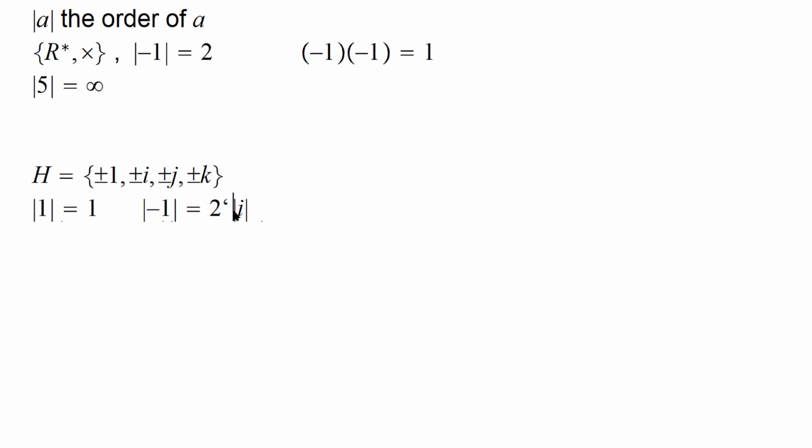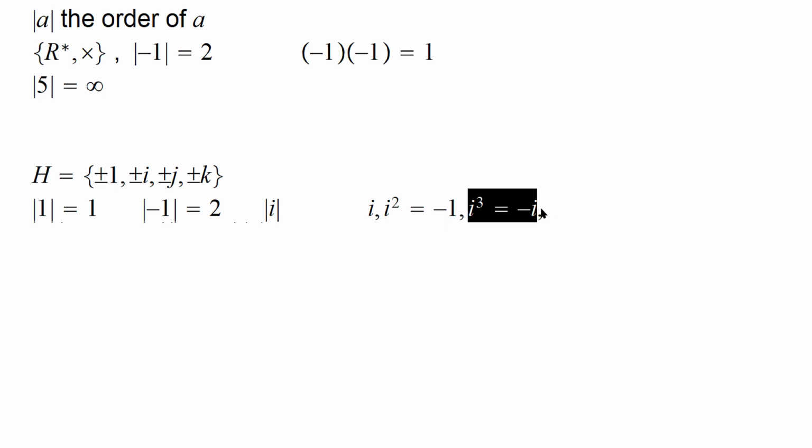But the order of I? I squared is -1, I cubed is -I, and I to the 4 equals 1.